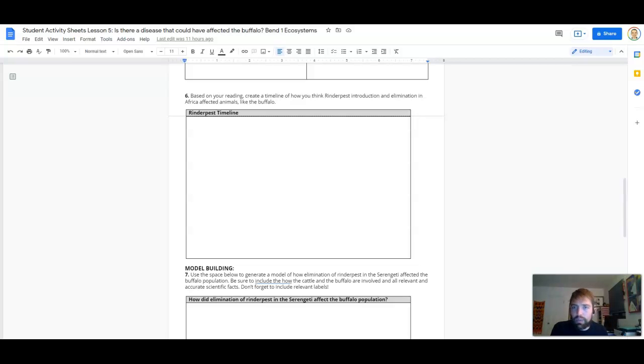So how might looking at rinderpest help us figure out what's going on with the buffalo population? And remember, we're thinking about 1960 to 1975. What can you determine happened to the buffalo based on the article? And what predictions could you make after 1975? Compare with your classmate, and then also start thinking about a model.